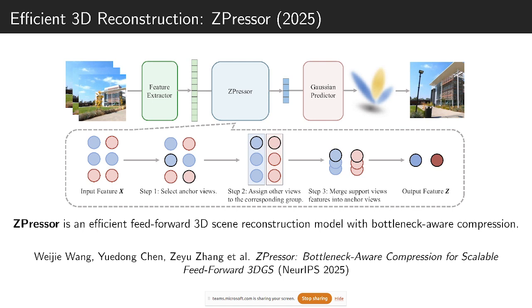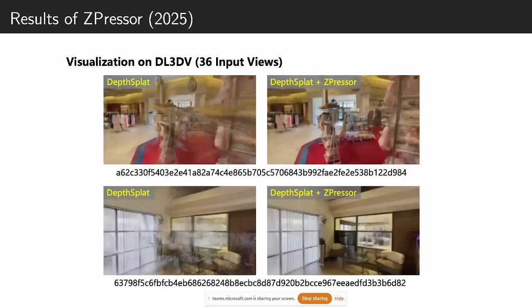Later we can perform a more efficient reconstruction, because the transformer context is limited. If we reduce the token length, we can reconstruct more efficiently. That's how you handle sparse-view or dense-view reconstruction within a feed-forward framework.